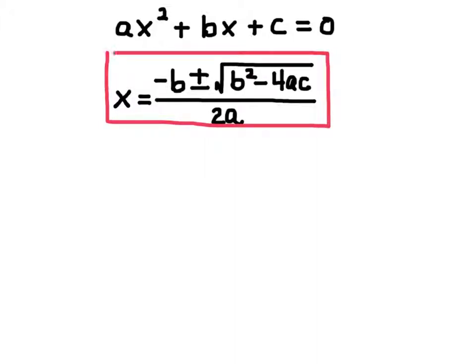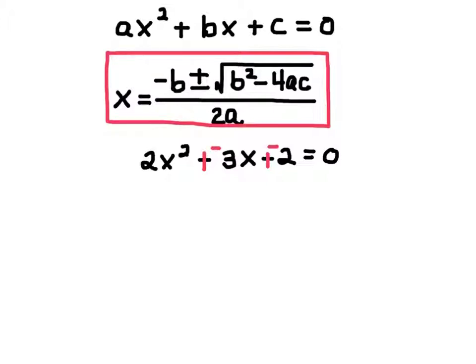And let's try this out. Here we have an equation. It's a quadratic trinomial. Let's start by changing the subtraction to add the opposite, and let's solve for x if this equation is equal to 0. What we want to do is find x.